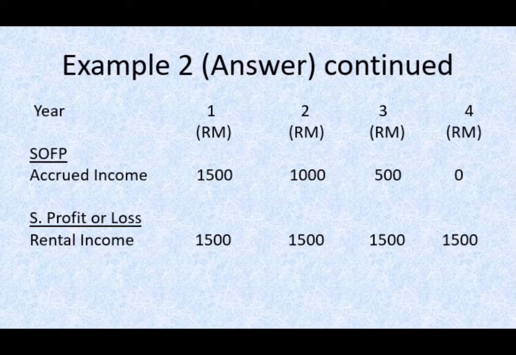For the final year, we will have zero balance for the accrued income, so there will be nothing to be recognized under accrued income in the statement of financial position. But for the rental income, we still have to recognize 1500 under the statement of profit or loss.